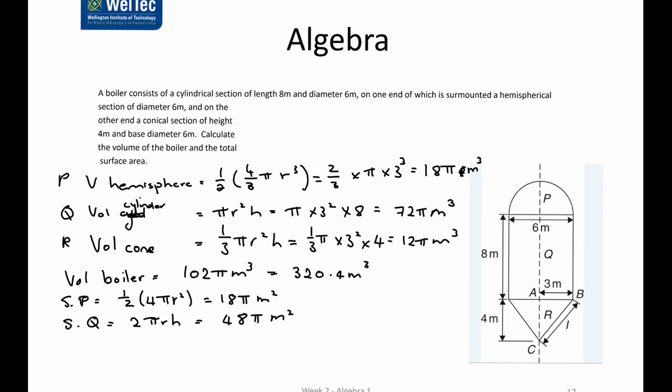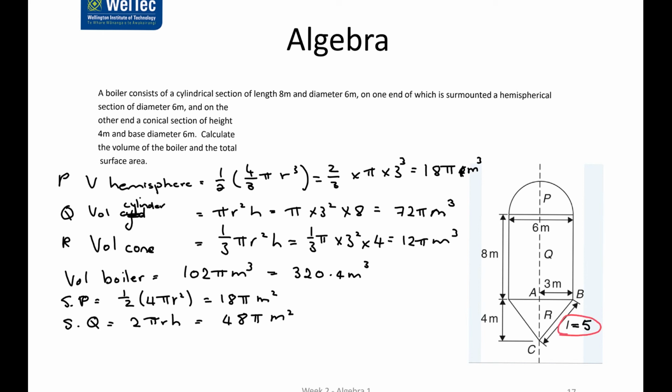So that's the cylindrical bit. The slant height you can work out, it's actually a Pythagoras triangle. It's a Pythagoras triangle that's 3, 4, 5. So the slant height is 5. So L is equal to 5. So now we've found L.